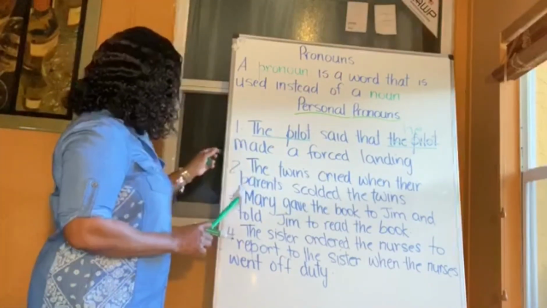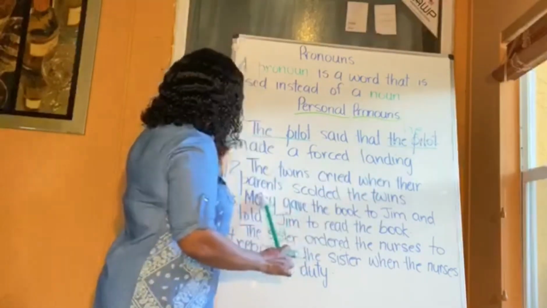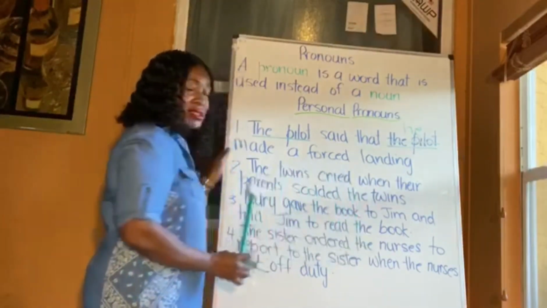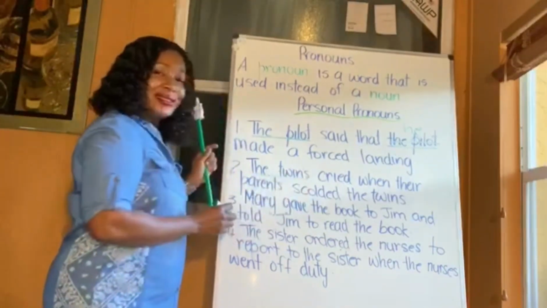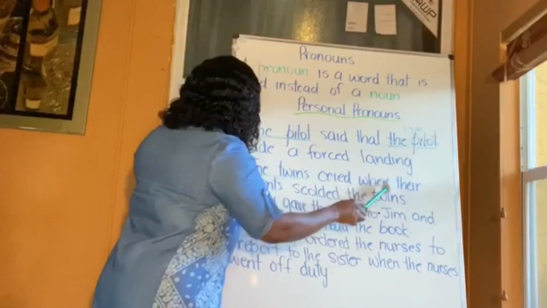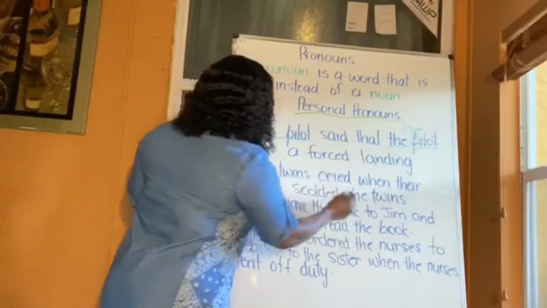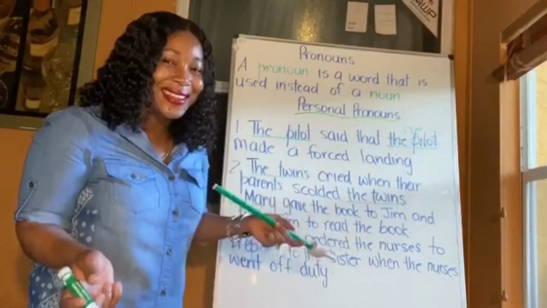Let's go to 2. The twins cried when their parents scolded the twins. So the twins, those are the persons we're talking about, cried when their parents scolded the twins. Why do we need to say the twins again?